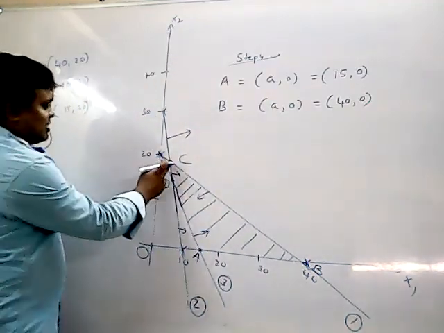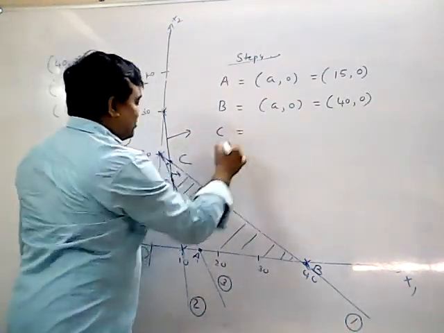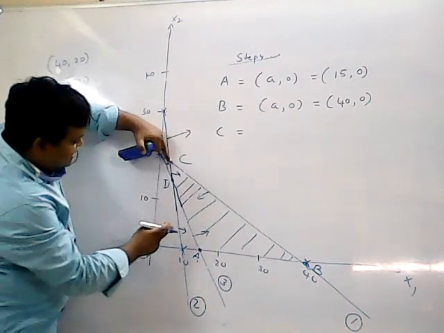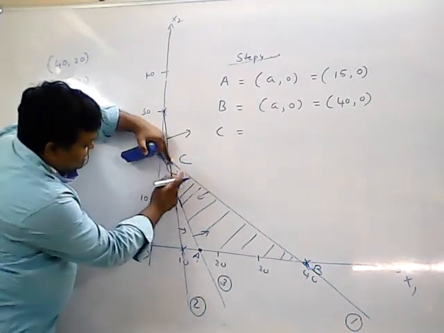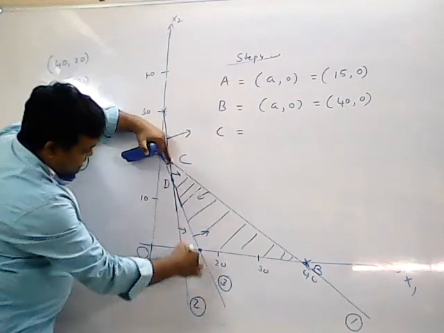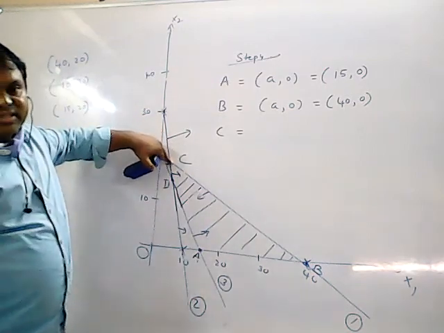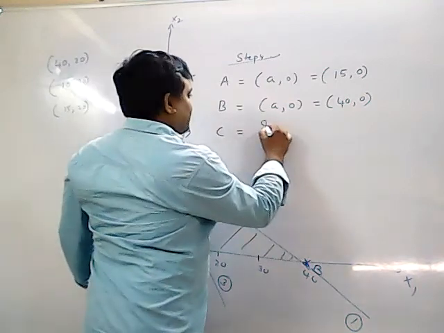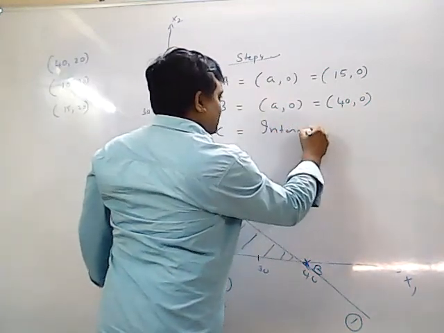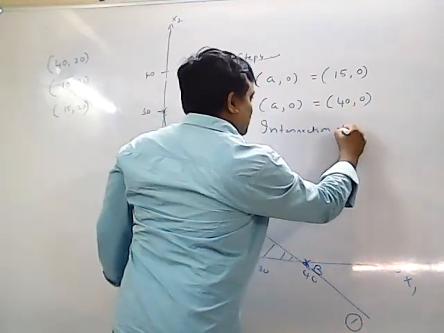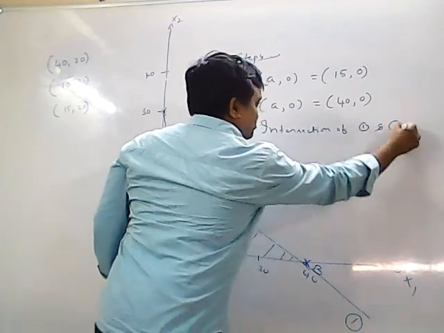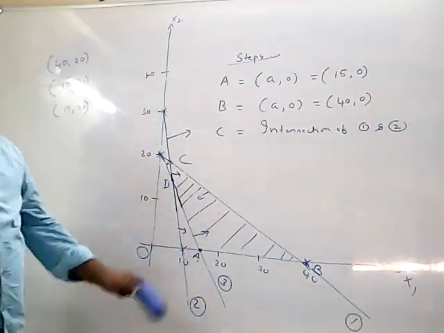Now the next one is C. If you observe carefully, C is the intersection of this line and this line, line 1 and line 2. Remember, it is the same as what you did in the previous problem; only this is different.